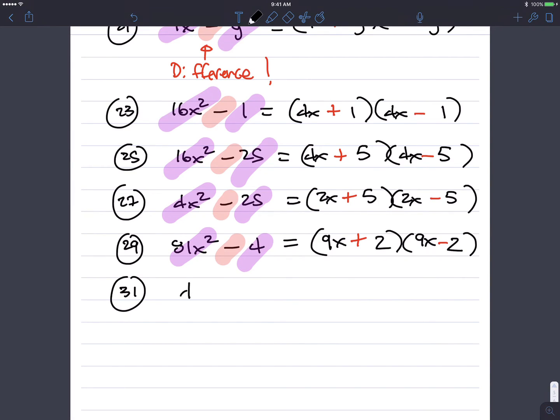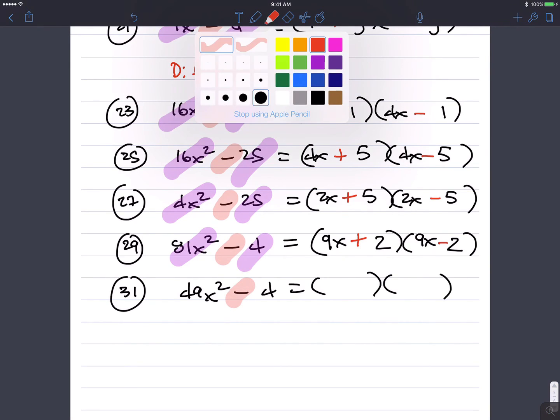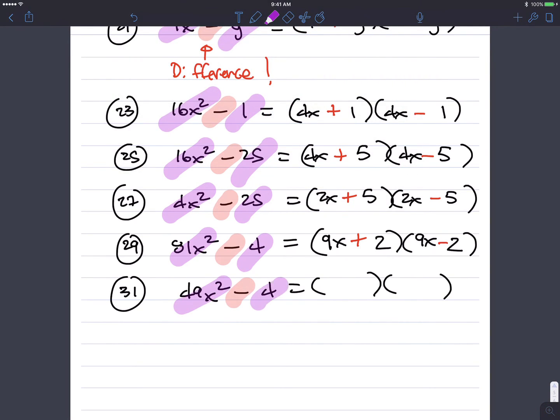31, 49x squared minus 4. Okay. Now let's see. Difference, perfect square, perfect square. What are the bases? 7x and 2.